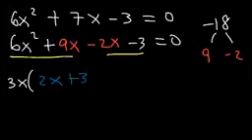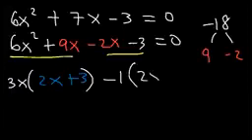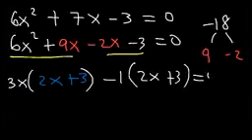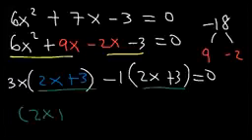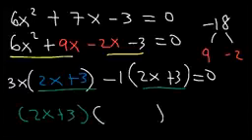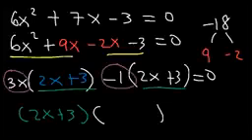In the last two terms, let's take out a negative 1. Negative 2x divided by negative 1 is 2x, and negative 3 divided by negative 1 is 3. So we have a common factor of 2x plus 3. Let's take that out, and within the other parentheses, it's going to be the 3x and the minus 1.